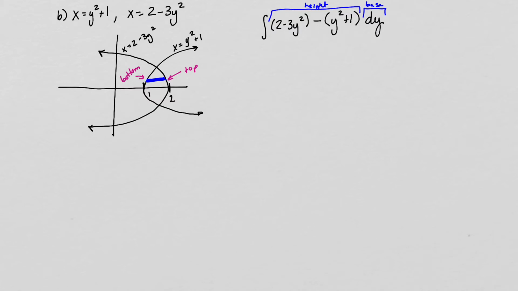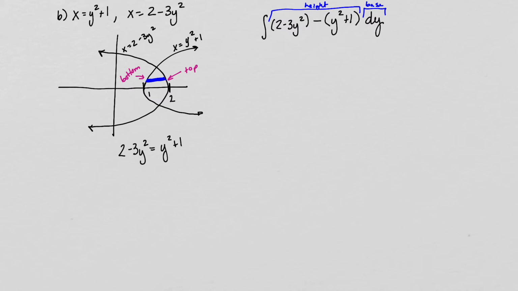And so the only thing we have left to do here is figure out our limits of integration. So how am I going to figure out my limits of integration? Setting the two functions equal? Yeah, setting the two things equal to each other. So we're going to take 2 minus 3y squared and set it equal to y squared plus 1.